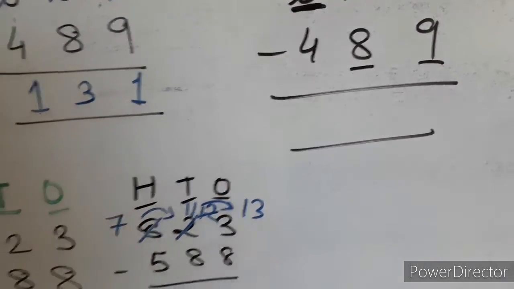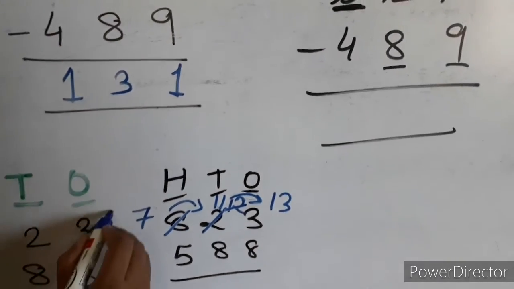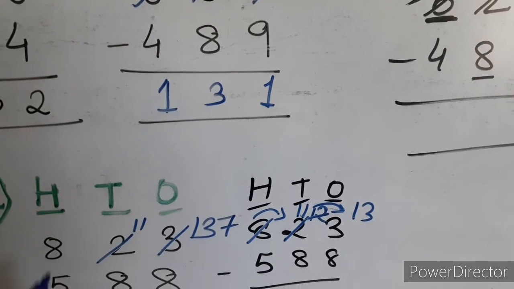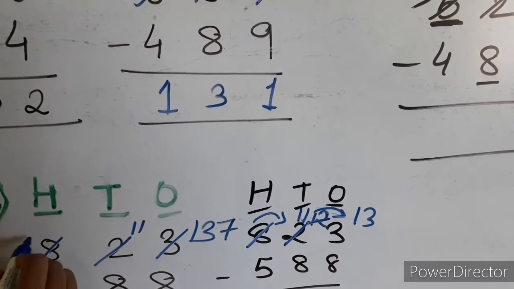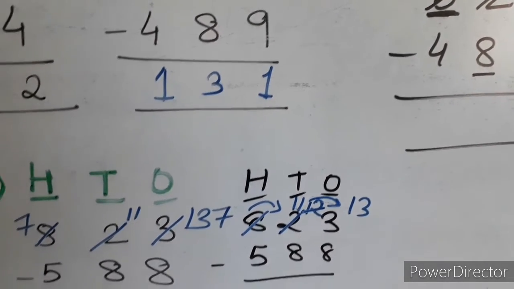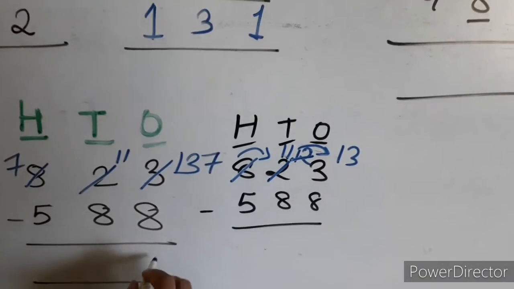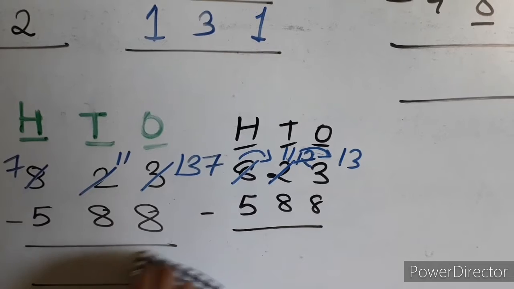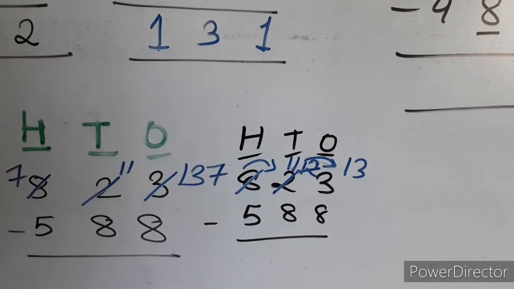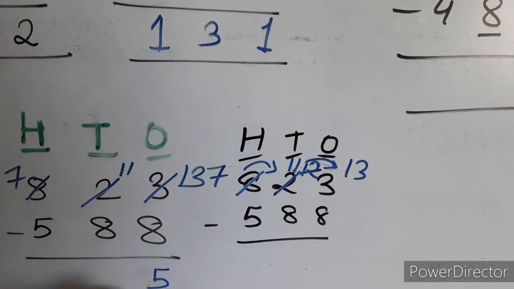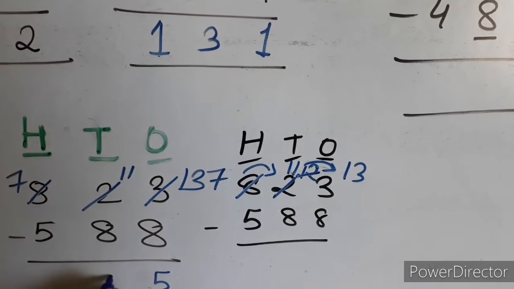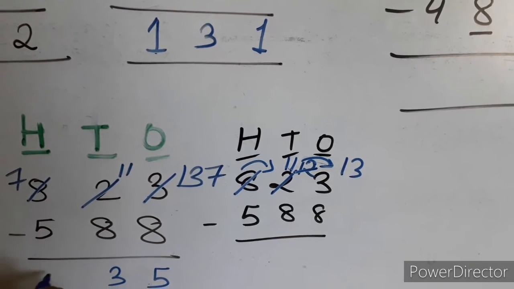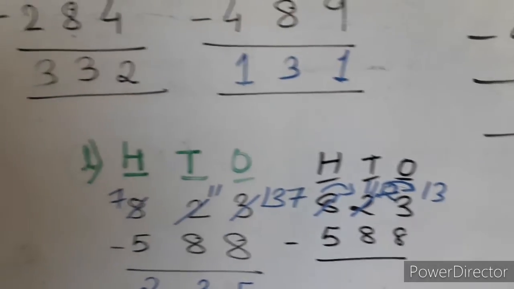Now 13, 11, and it will be 7, 5, 5, 3, then 2, 235.